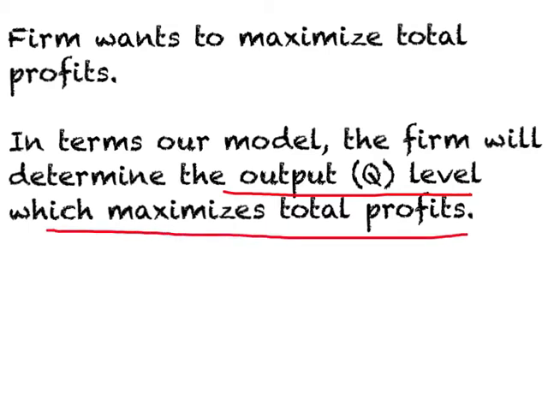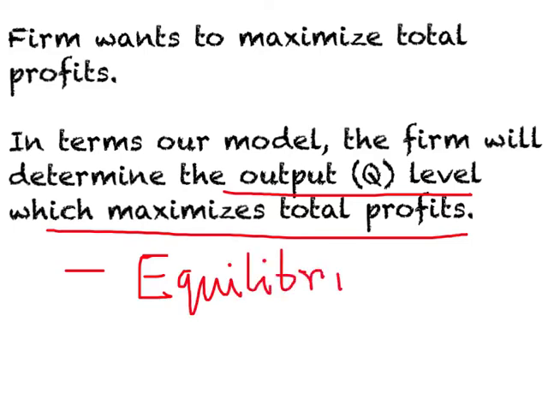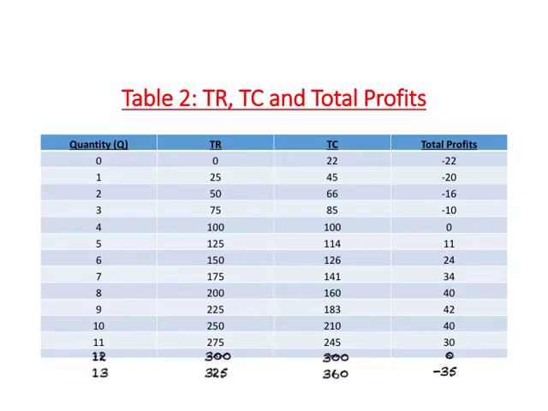Once the firm figures that out, it will produce that level of output. The output level where the firm maximizes total profits is called equilibrium, and that's what we'll try to determine from different angles.